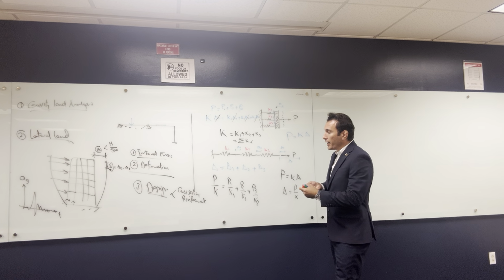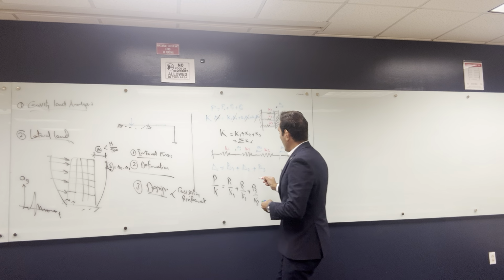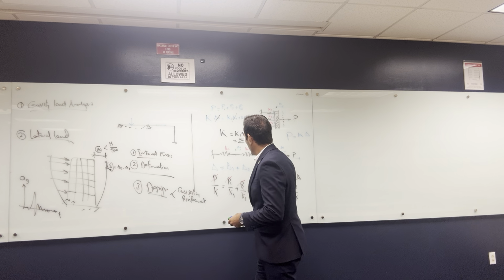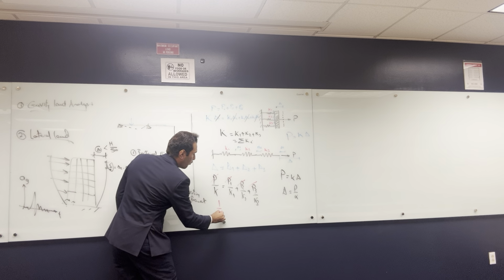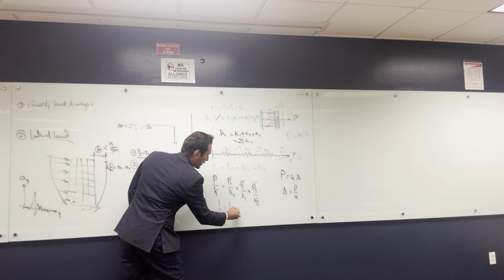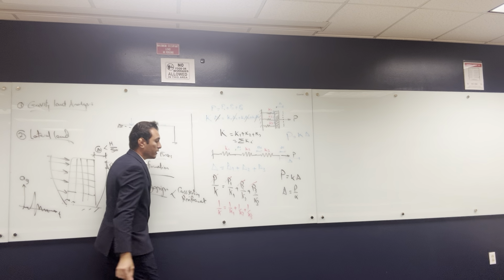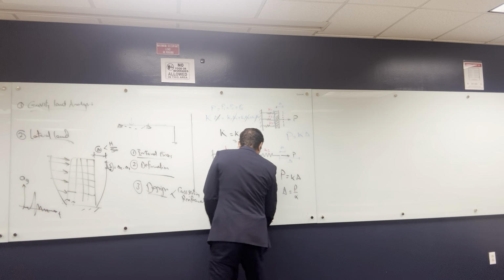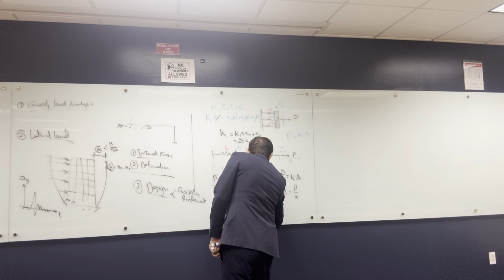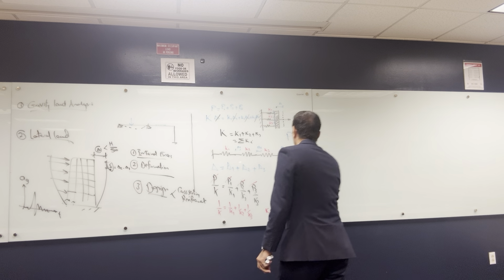So I can divide by P, so all this means that 1 over K is going to be equal 1 over K1 plus 1 over K2 plus 1 over K3.